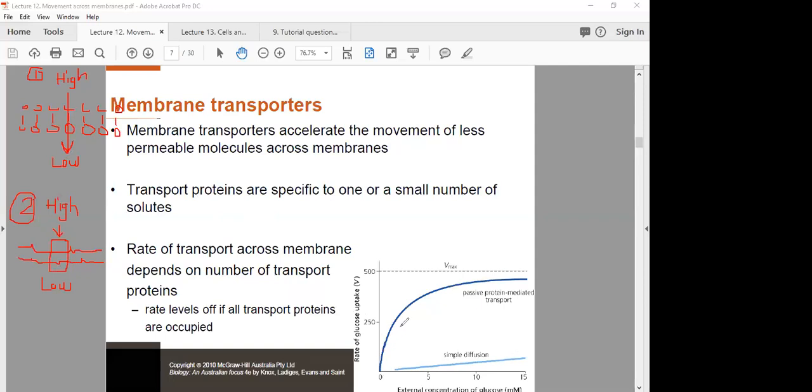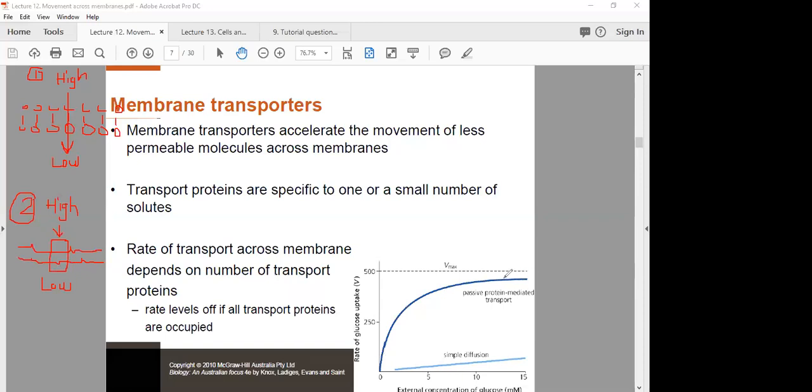But when glucose moves through a membrane transport protein, and there are many different membrane transporters that are specific for glucose, then look at the rate of uptake. Even at very low concentrations of glucose, it is very, very efficient until it gets up to about here, and then it starts to level off.